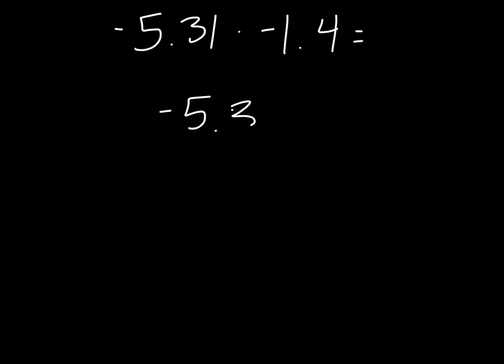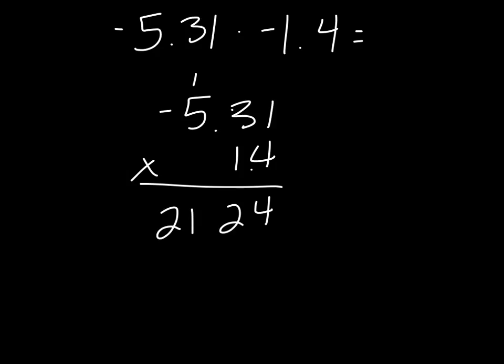Let's try one more decimal on our own. Let's do negative 5.31 times negative 1.4. Be sure to line up your digits and multiply. 4 times 3 is 12, carry the 1. 4 times 5 is 20, plus 1 is 21.